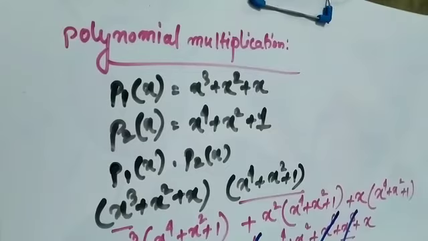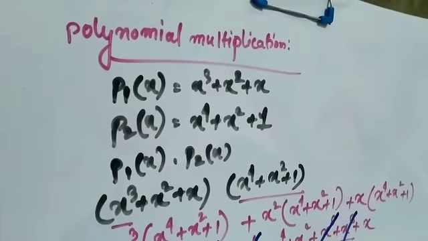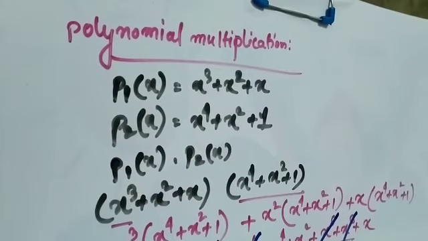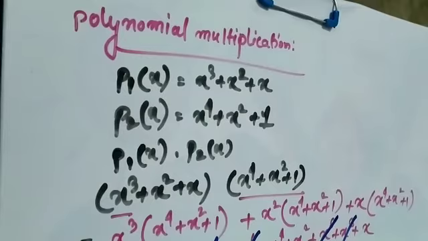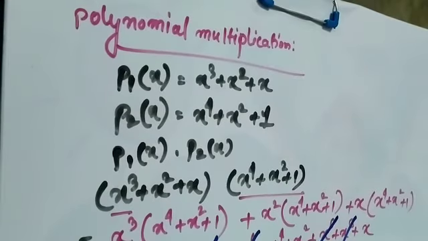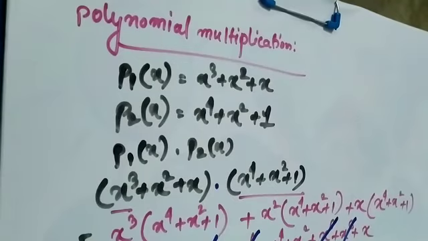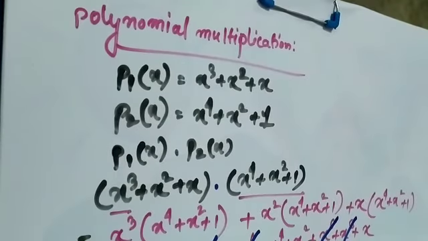So what is left? This is x to the power 7 is there. Then x to the power 5 is there. x to the power 4 is there. x square and x. So it is our final answer for this polynomial multiplication. So hope you can understand the multiplication technique.